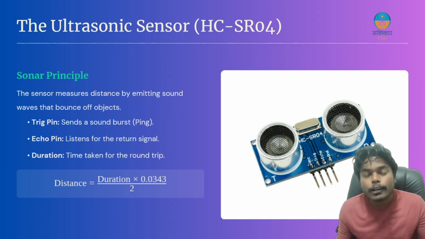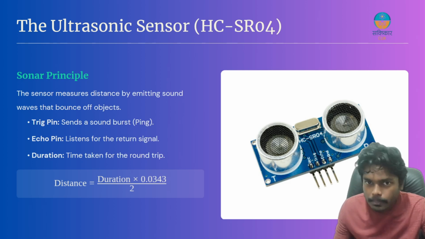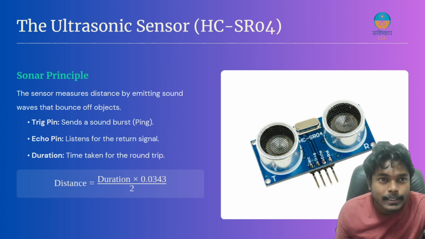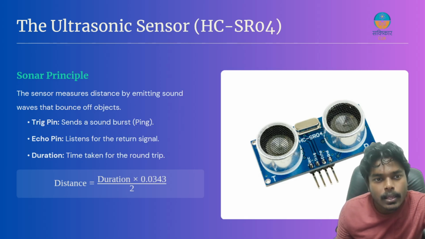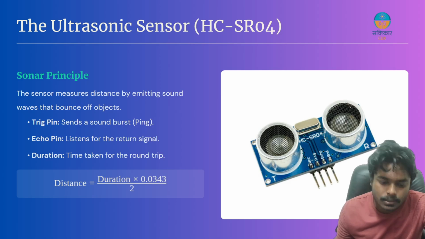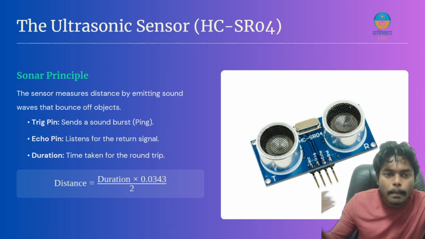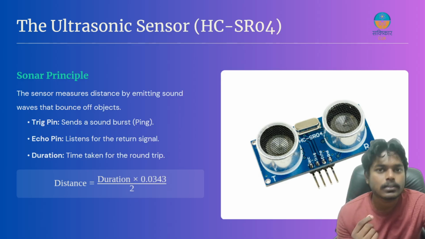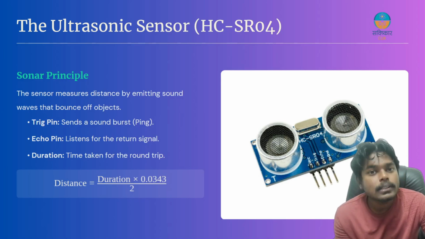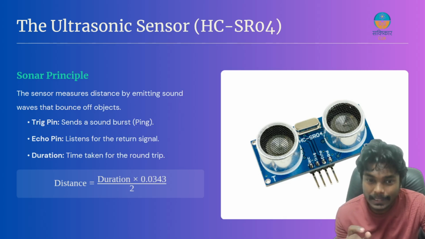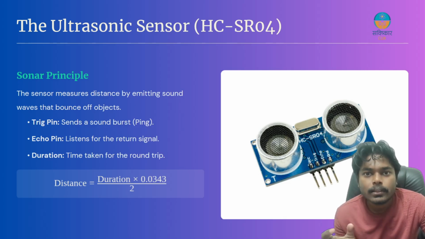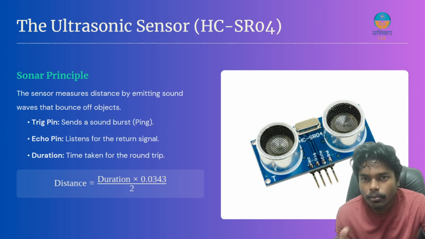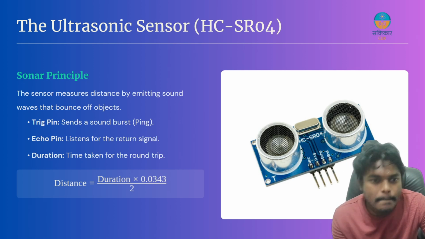So you have probably heard about sonar, which is used for safe navigation and defense purposes, right? In that case, it emits a sound wave, and when that sound wave bounces back from the object, it can detect the distance between the object and the sensor by calculating the speed of sound and the time taken for the sound wave to travel back to the sensor, right?